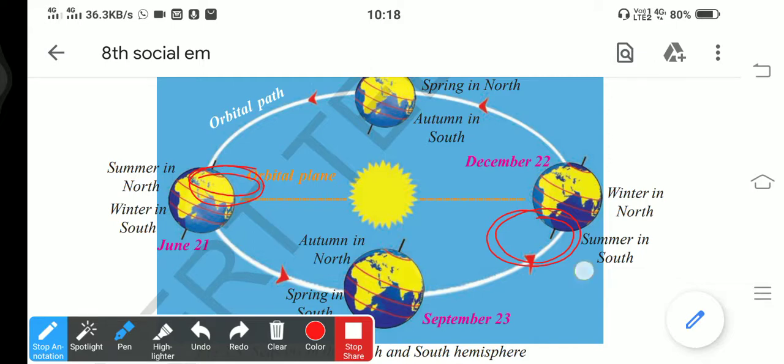So it is summer in the southern hemisphere in December, and on June 21st it is summer in the northern hemisphere, because of the tilt. And the earth is rotating, so the portion of the earth exposed to the sunlight also changes.